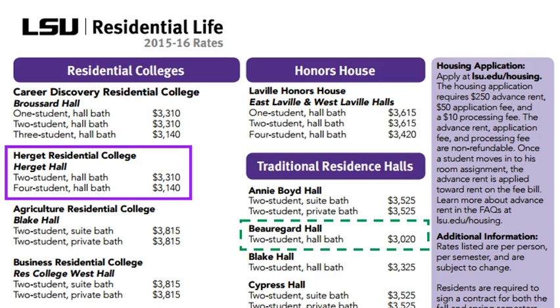You have the choice of a 2-student room with a suite bath or a 2-student room with a private bath. Then they have the business residential college. So the traditional dorms most times are lower than the specialty type dorms where most of the students have the same major.